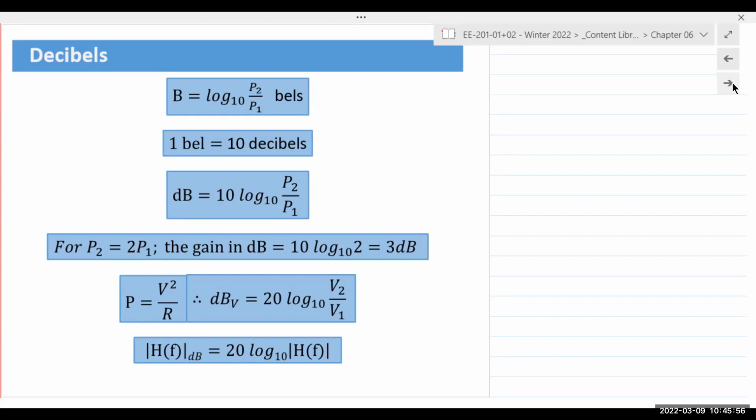If you want to increase the volume, a perceptible difference has to be at least 3 dB for normal people. For me, it's probably even higher. But the power outputted by the amplifier needs to double, because again, it's a log of the ratio of the two powers. So if you want to increase or decrease the volume by 3 decibels, which is what a normal human ear can discern, then you need to double the power.